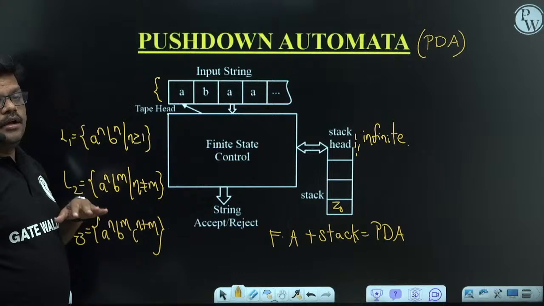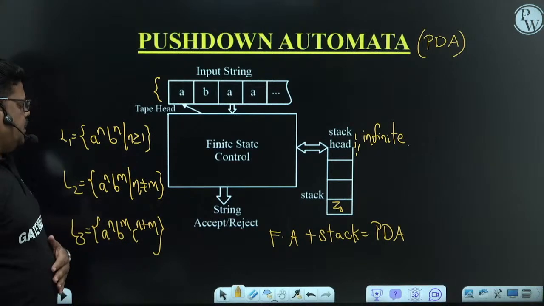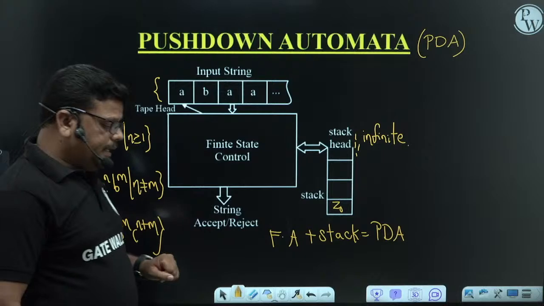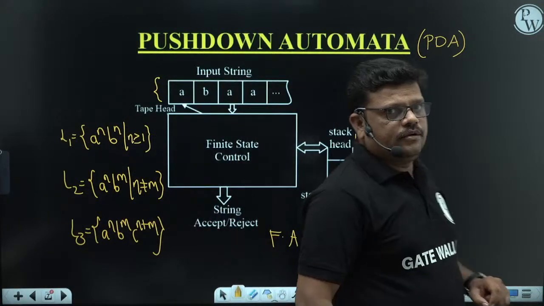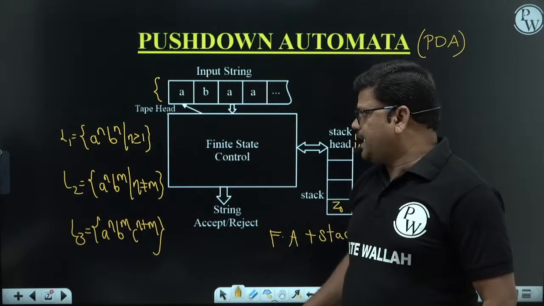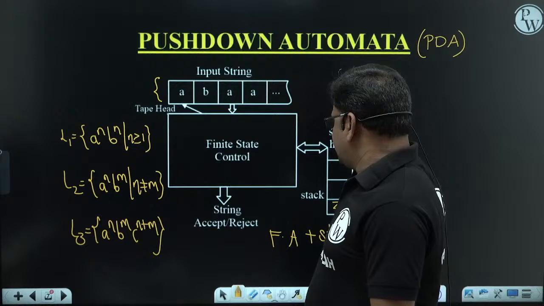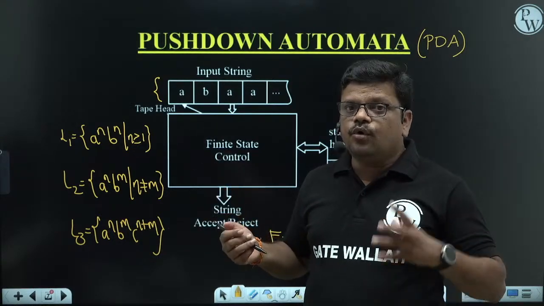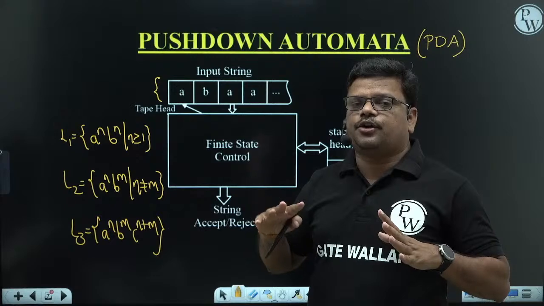Language L2 likewise, and language L3 likewise. This total structure has the capability to accept more languages compared to finite automata.